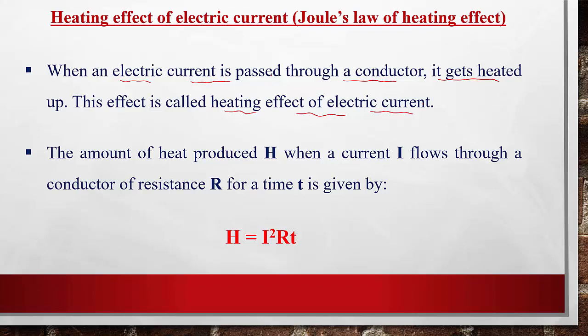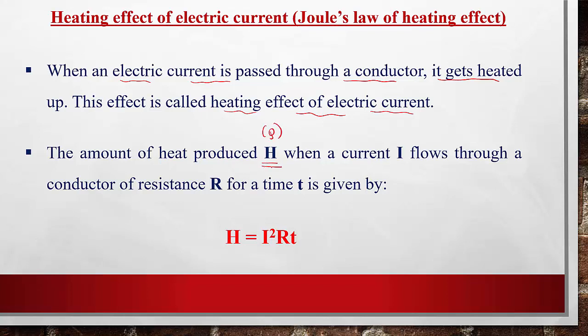When an electric current is passed through a conductor, it gets heated up, and this effect is called heating effect of electric current. Suppose the amount of heat produced is H, or you can take Q, no problem.